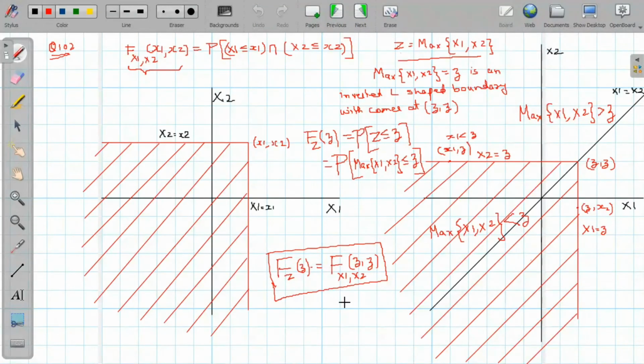So you can remember this final result as it helps in solving many numericals. Also note that we haven't assumed here that x1 and x2 are independent. So this result is valid even if x1 and x2 are dependent.